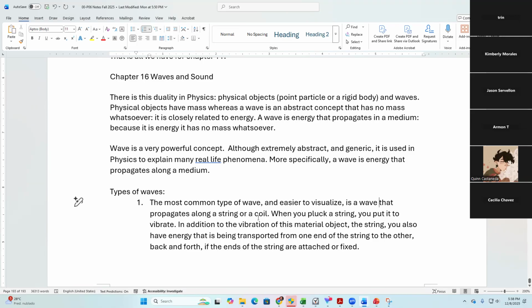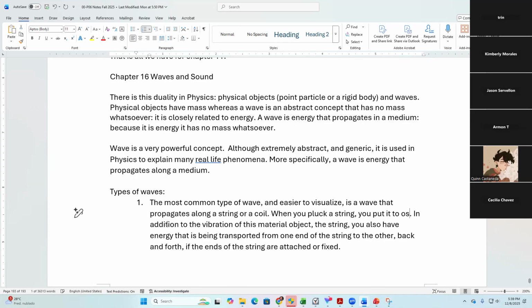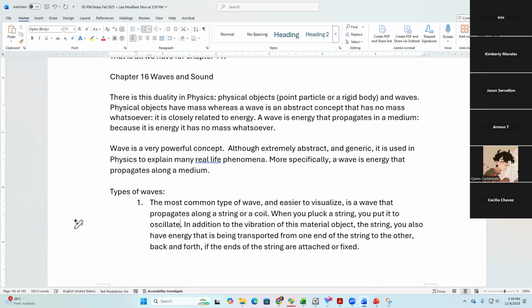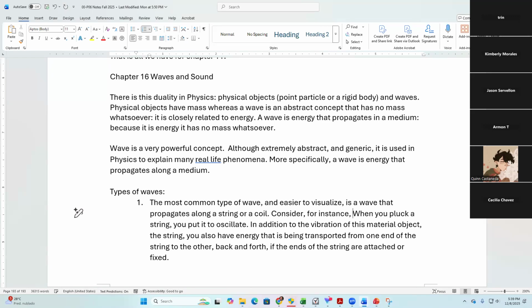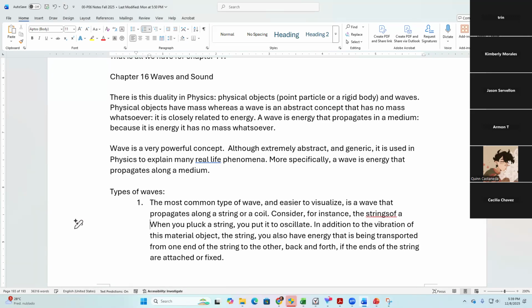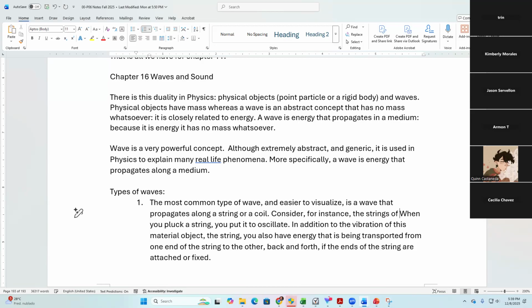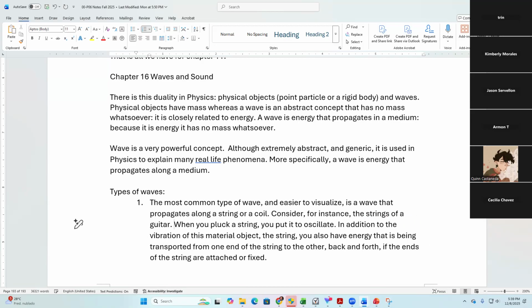When you pluck a string, you put it to oscillate. Consider, for instance, the strings of a guitar. When you pluck the string, you put it to oscillate.